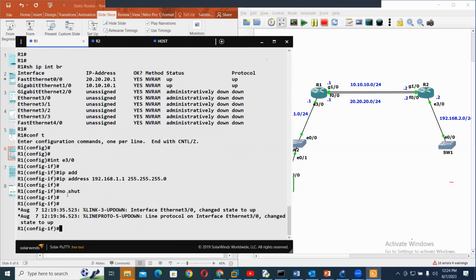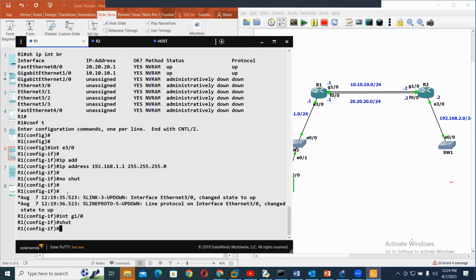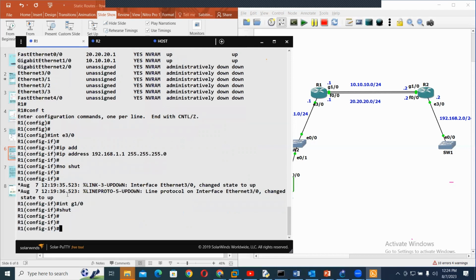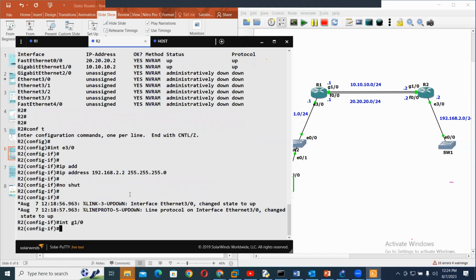Let me shut the primary interface, G1/0.